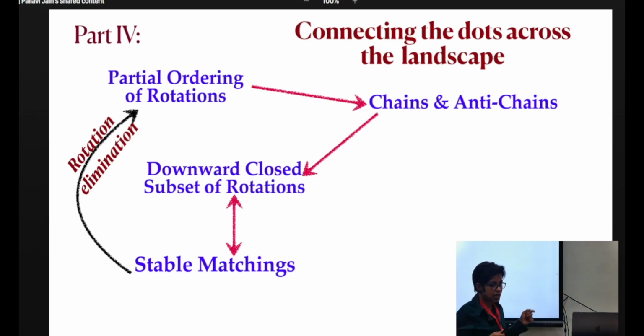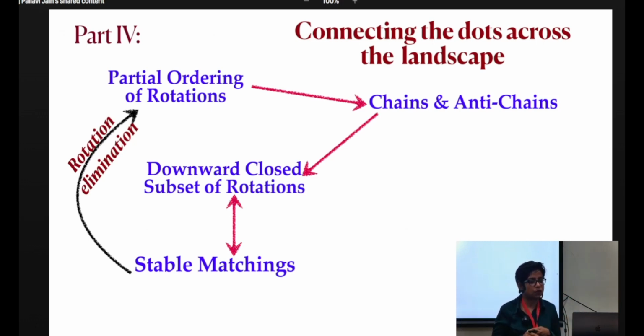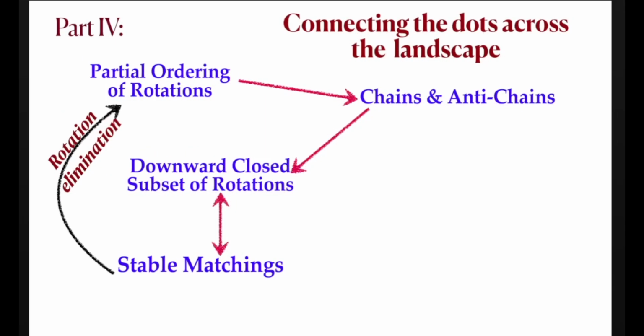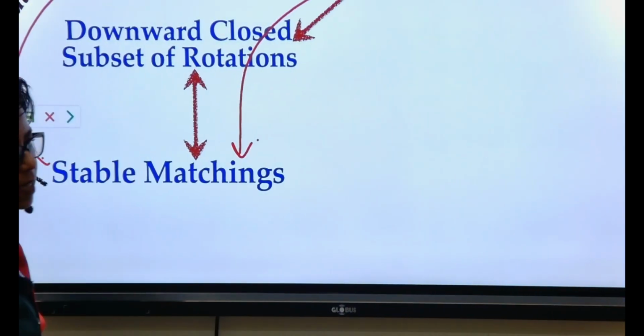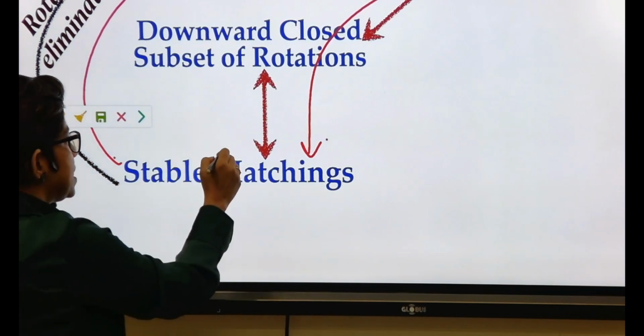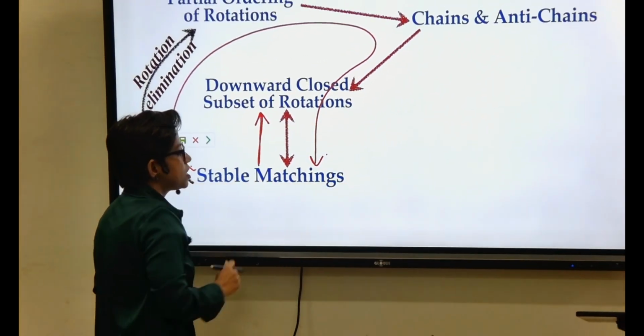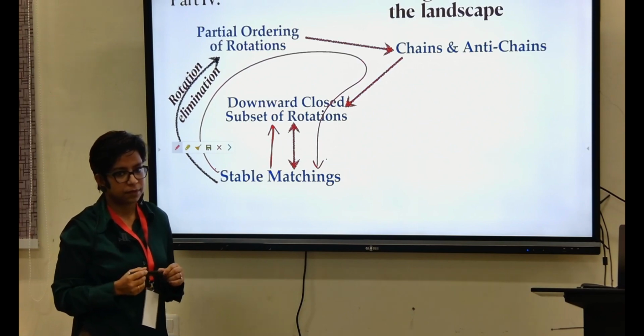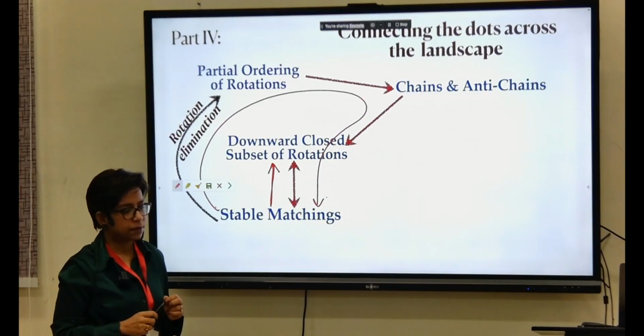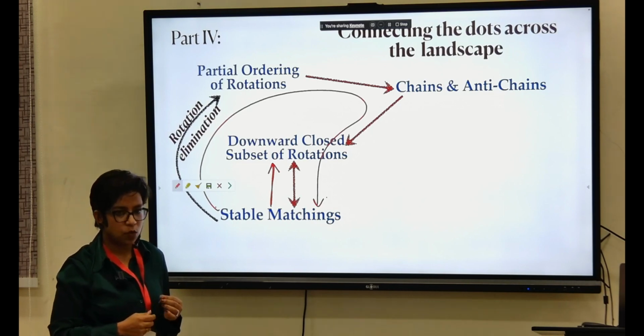The last bit of the slide basically shows this one-to-one correspondence. I would say this arrow is constructive. This side uses that one-to-one unique correspondence property. Okay?